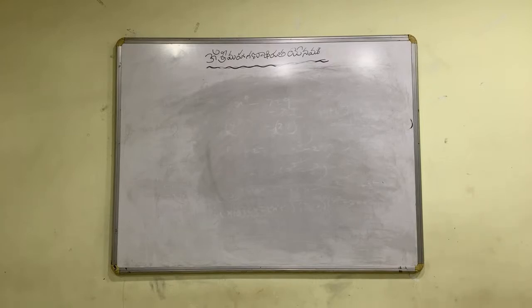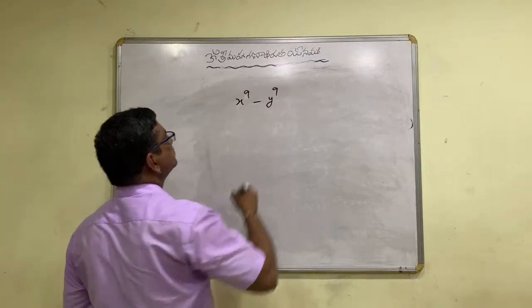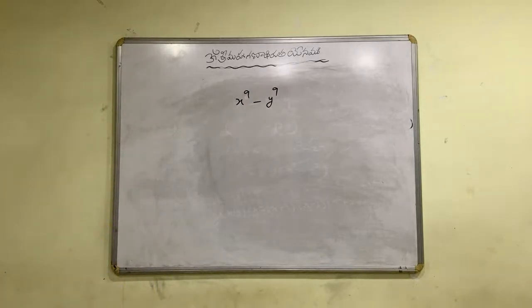I am changing the model again. So can we do this? Factorize x power 9 minus y power 9.